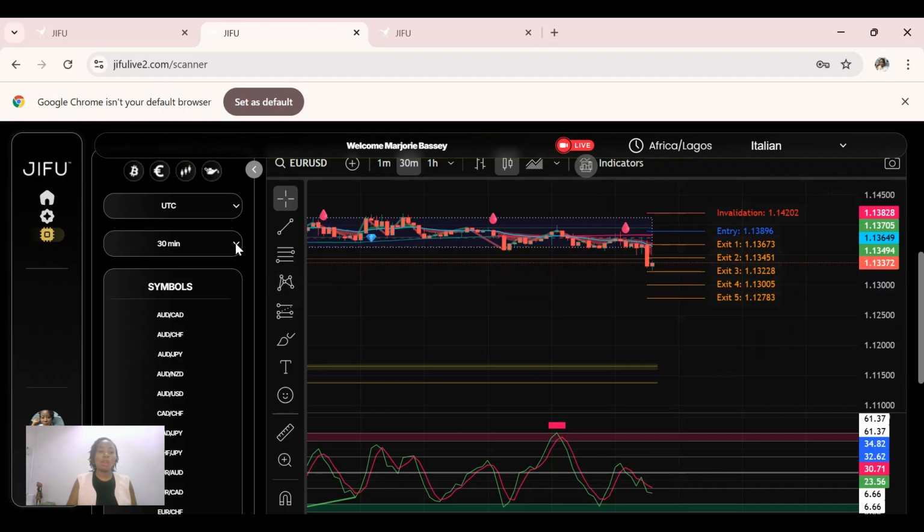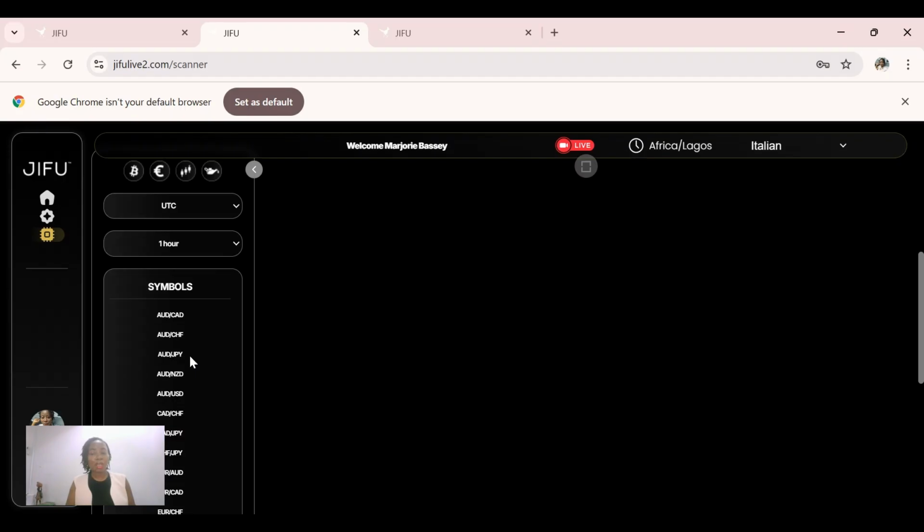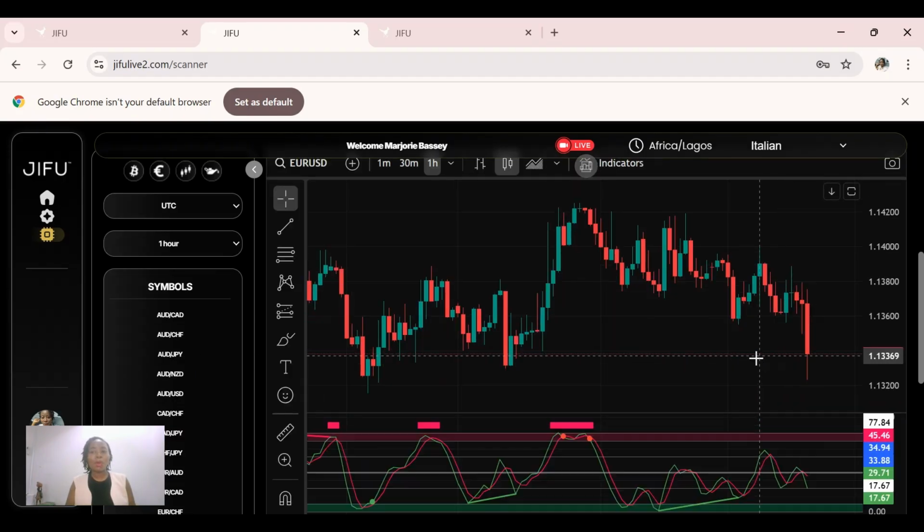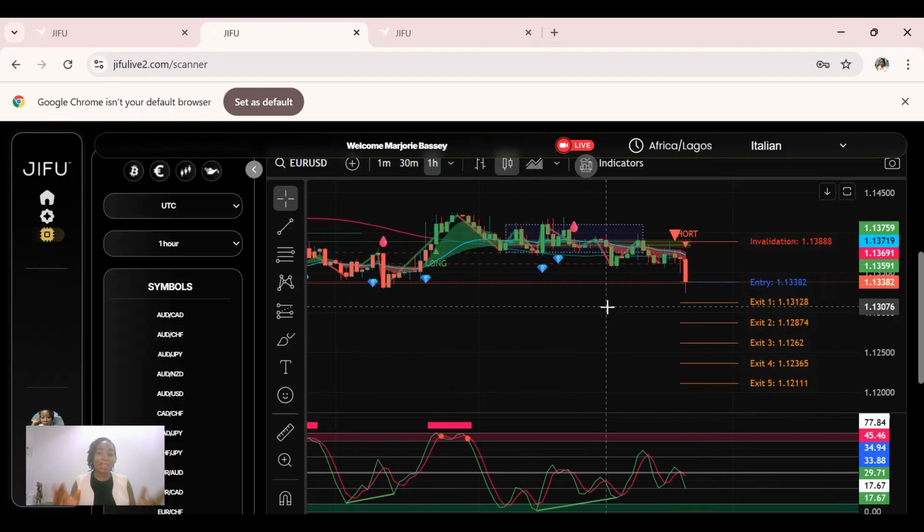Then you go to the 1 hour time frame and you check did it call a sell on the 1 hour time frame? Fantastic. This is your double confirmation. So on the 1 hour time frame, it actually called a sell. And 1 hour is actually a higher time frame.